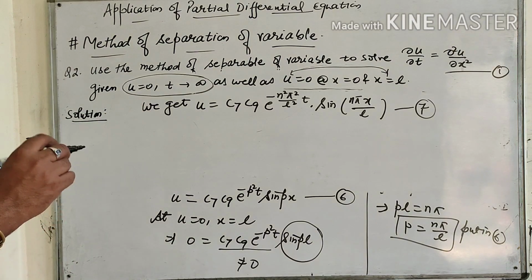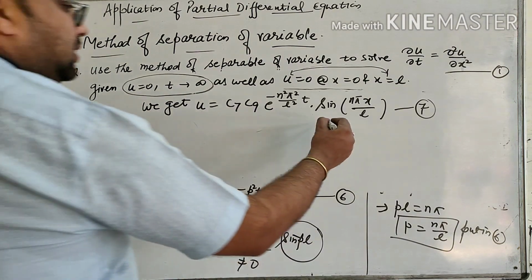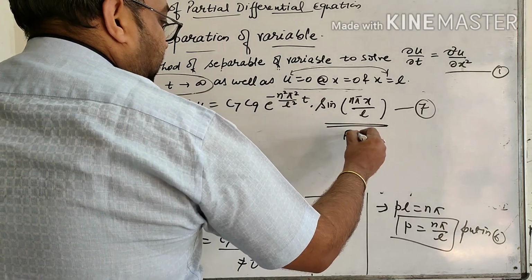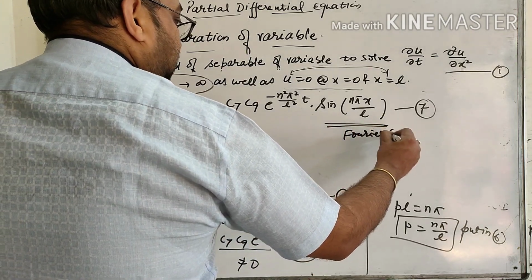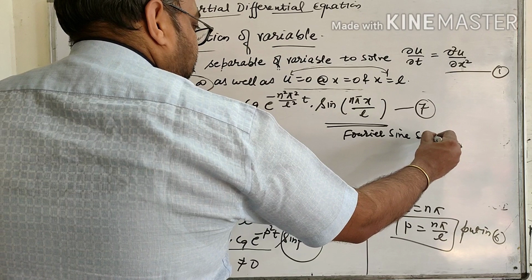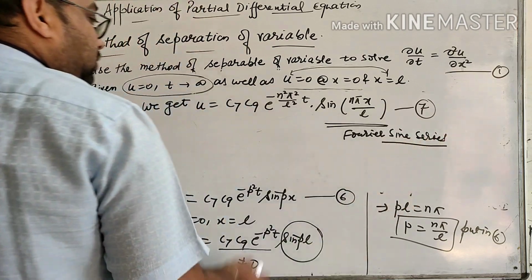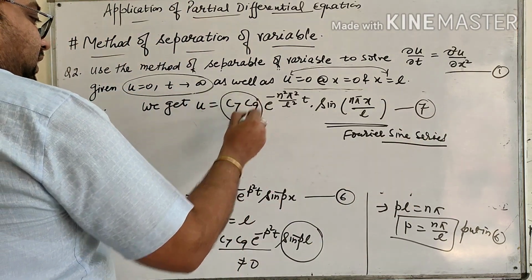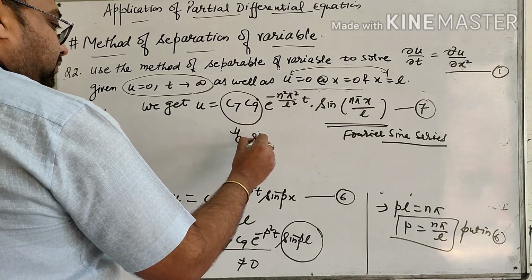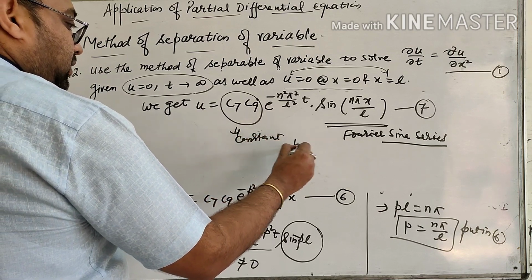So we can solve it by Fourier, since this is a Fourier sine series, and for the Fourier sine series the constant can be represented by Bn.